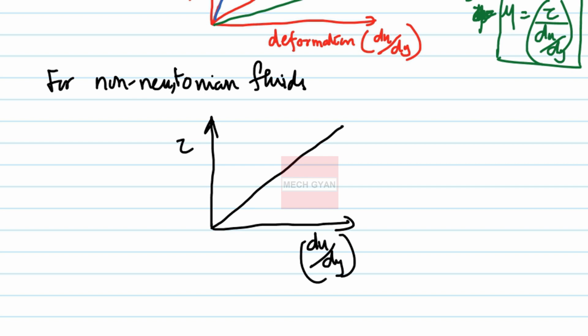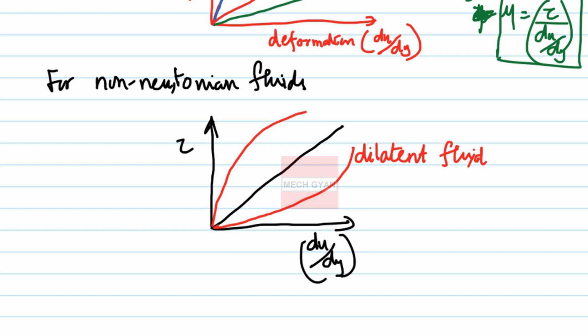For a non-Newtonian fluid, the relationship between shear stress and deformation is non-linear, so it's not a straight line. This curve denotes dilatant fluid, and the top curve denotes pseudoplastic.